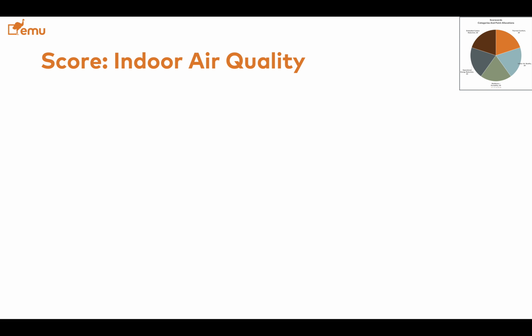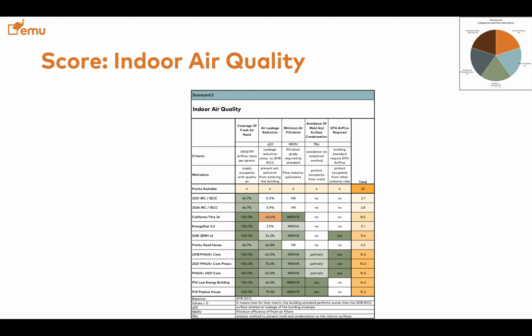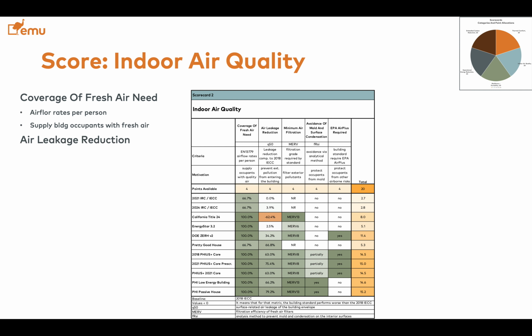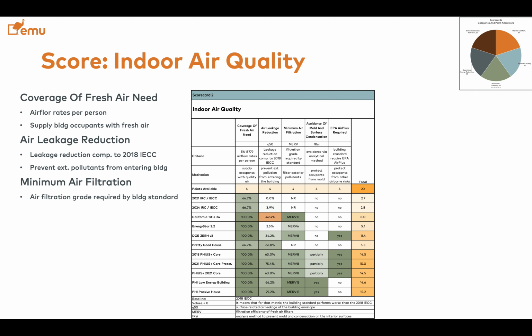So in scoring the standards, this is what it looks like. The coverage of fresh air need is airflow rate per person, supply building occupants with fresh air. Air leakage reduction is reduction compared to the 2018 IECC, and it prevents exterior pollutants from entering the building. Minimum air filtration is filtration grade required by the building standard. It filters out pollutants coming into the building through the continuous ventilation system.